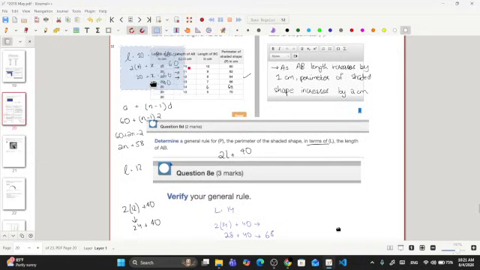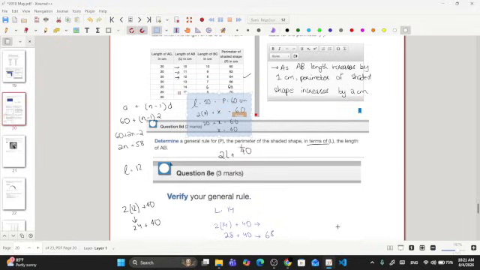Alright, and just like that, you can use L equals, for example, 12. So 2 multiplied by 12 plus 40, which becomes 24 plus 40, which is 64. So here we go. This is basically the verification part.